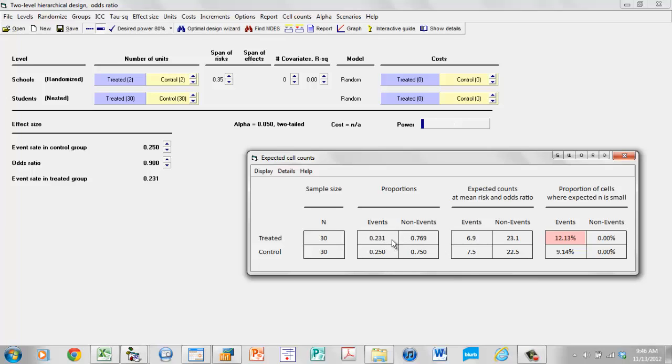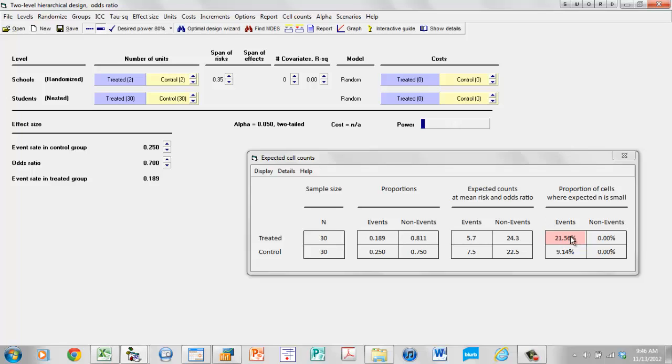The expected event rate is 0.23, or to make this a little bit more plausible, let's set the odds ratio at 0.7. So the expected event rate over here is 0.18, and therefore the expected number of events is smaller, and therefore the proportion of schools that are going to have a low event count in the treated group is now 21%, which again is a problem.